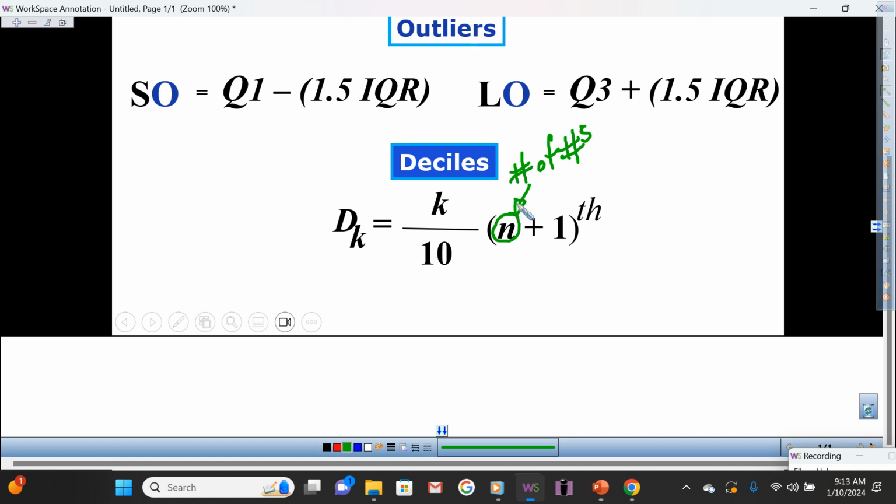Okay, we got that. So what does K stand for? For K, just write position, or in other words, rank. We already talked about that. Position or rank. Okay?